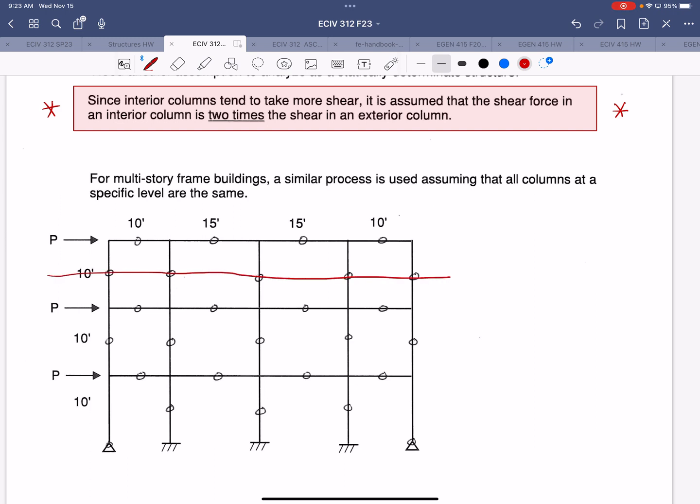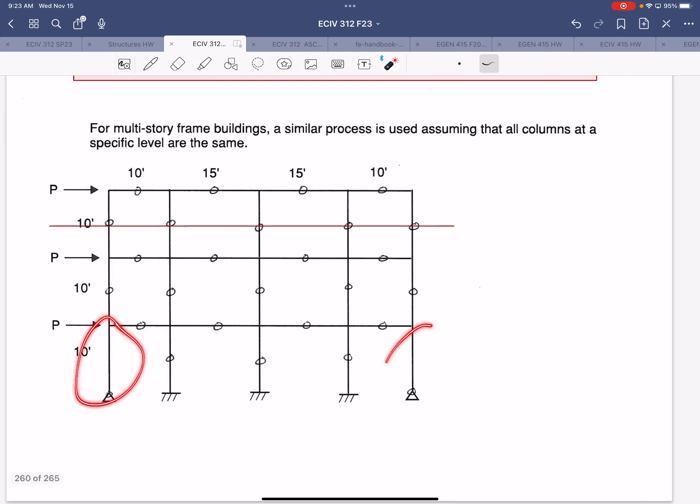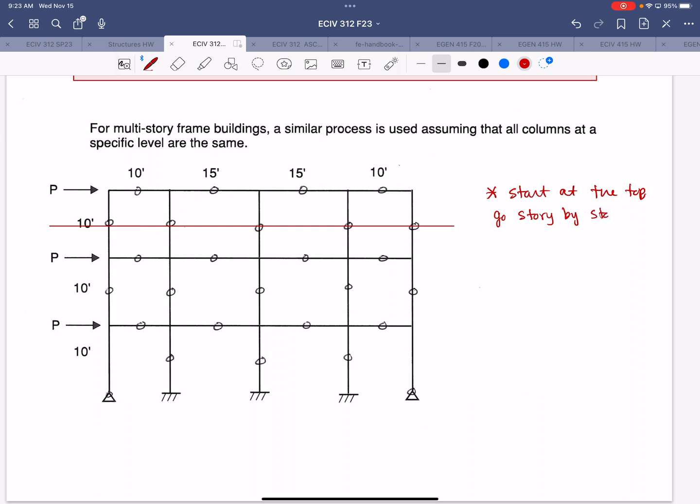After you have placed hinges where they're supposed to be, notice every member has a hinge except for the columns that are pinned at the base, where the hinge is located at the base. So I'll note here: start at the top. Go story by story to the base.